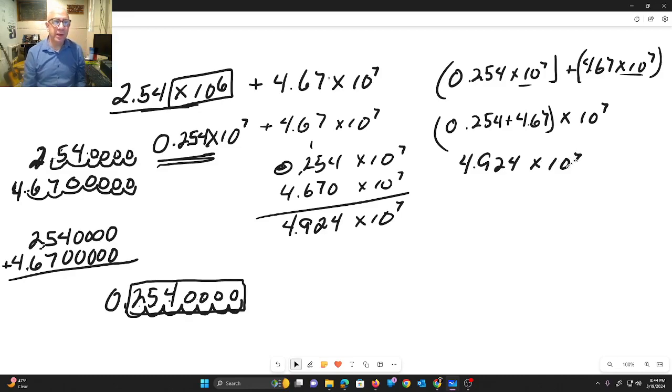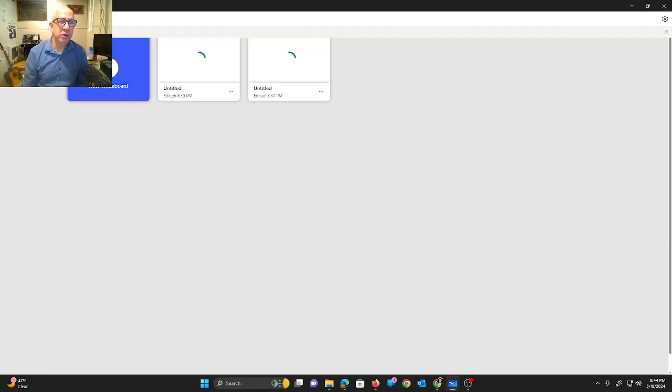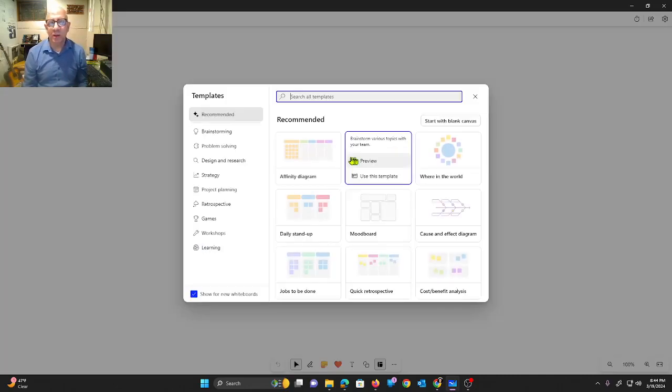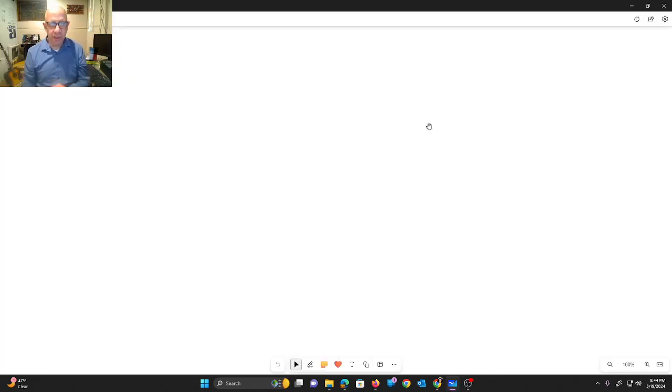So that's adding, and then subtracting is the exact same way. So if I have two numbers and I want to subtract them, then I can do the exact same thing. So let's say I have 6.9 times 10 to the power of 4 minus 3.8 times 10 to the power of 3.